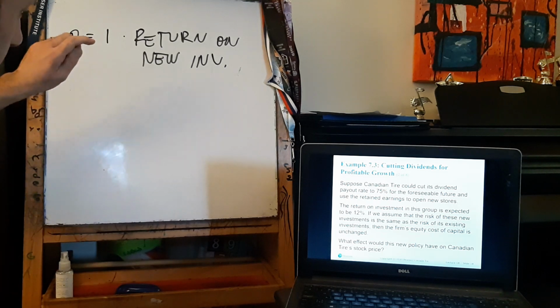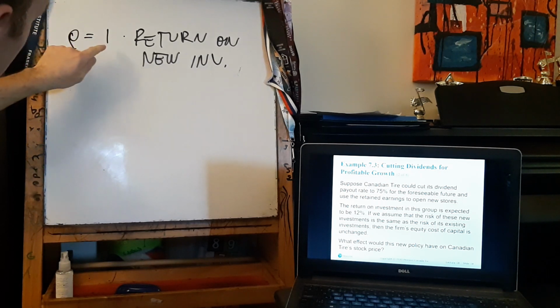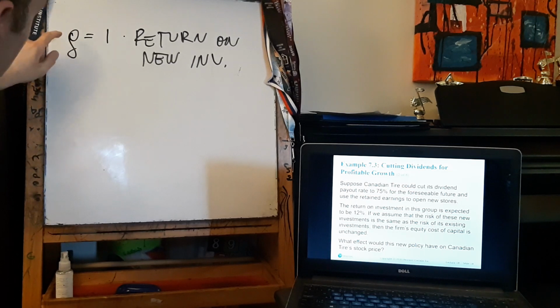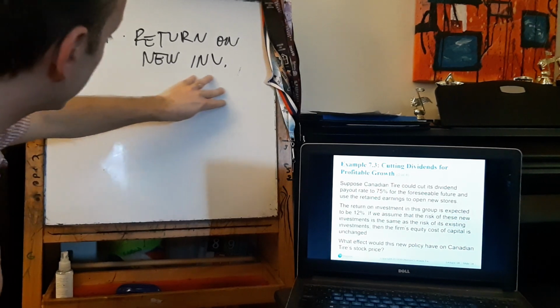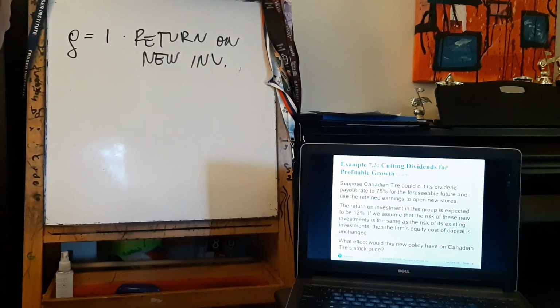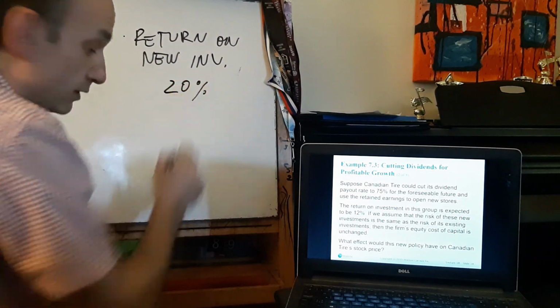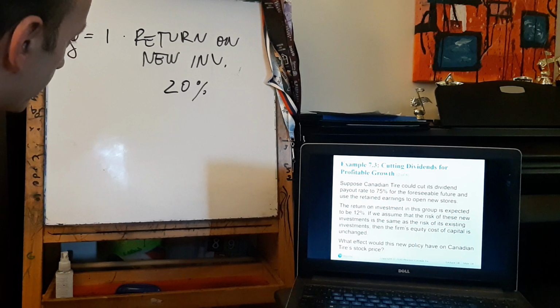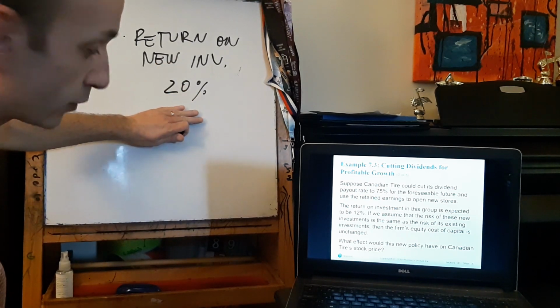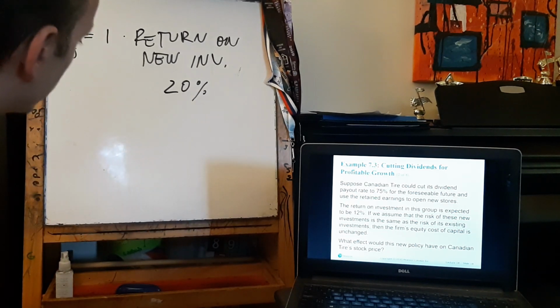So if you invest 100% of your net income into new investment, then you can expect your new growth rate of your company to be 1 times whatever the return of your new investment is. So if your return on new investment is 20%, whatever the new project is, you found some good project that seems to be promising and profitable, and you expect that that project will have a return of 20% per year.